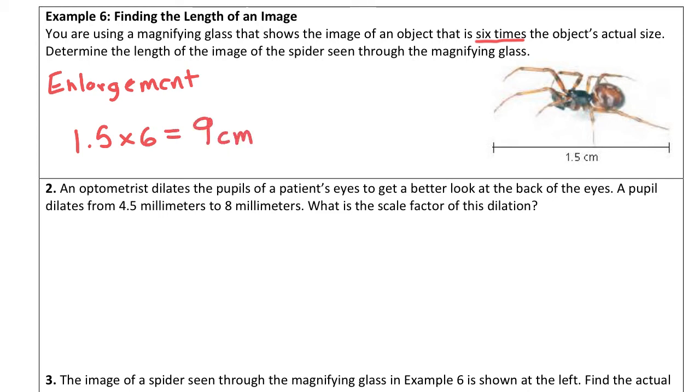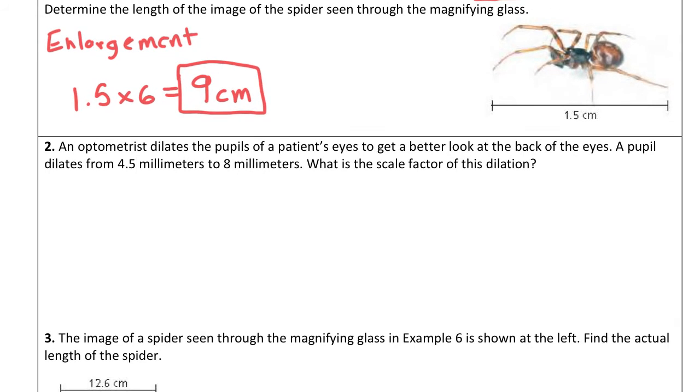So this 9 centimeters means the spider will appear 9 centimeters long in the magnifying glass. So essentially, you're always multiplying when you use a scale factor. But the difference between it being 6 or 1/6: an enlargement means I'm multiplying by 6. If this was a reduction, I would be multiplying by 1/6, okay?